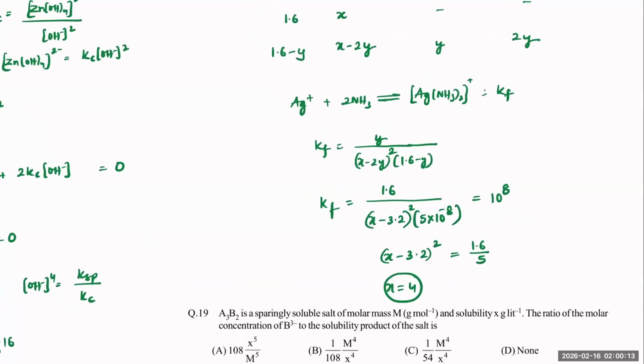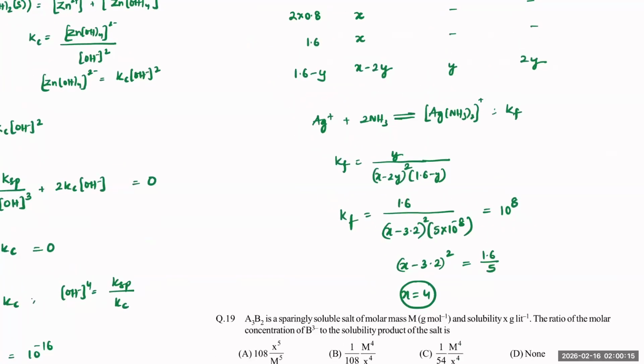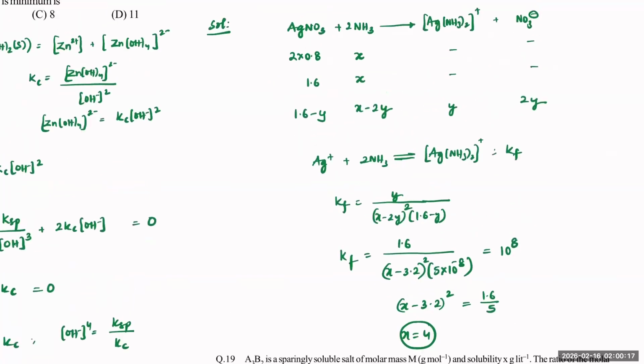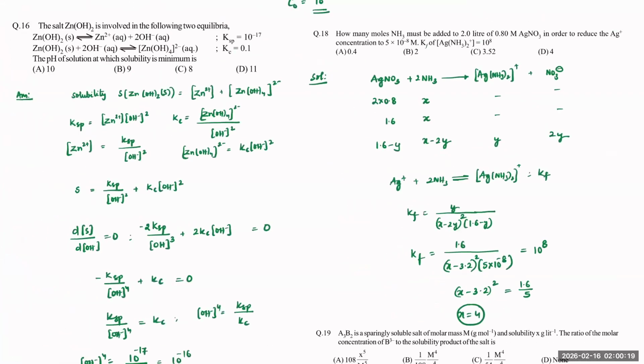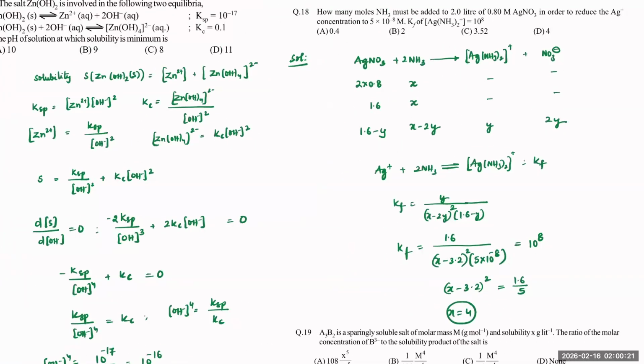Let me see why that 5 is there. 5 into 10 raised to power of minus 8. Concentration should be 1.6 moles, x minus 2 times of 1.6.